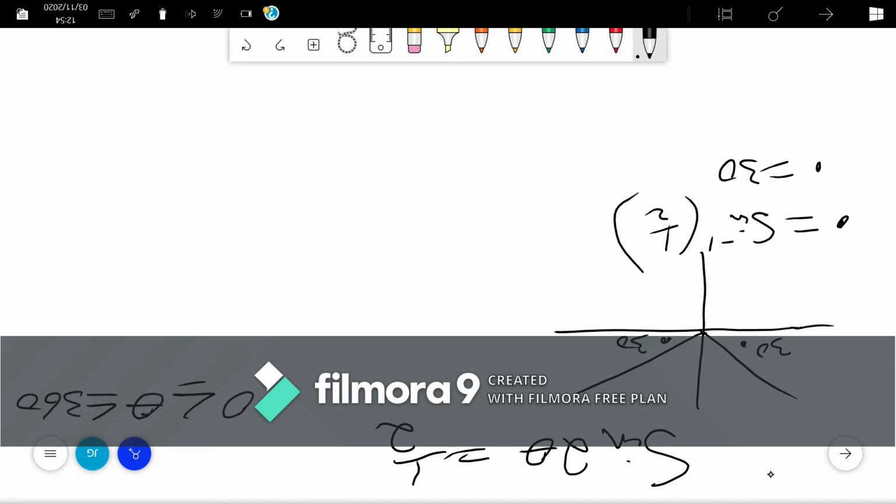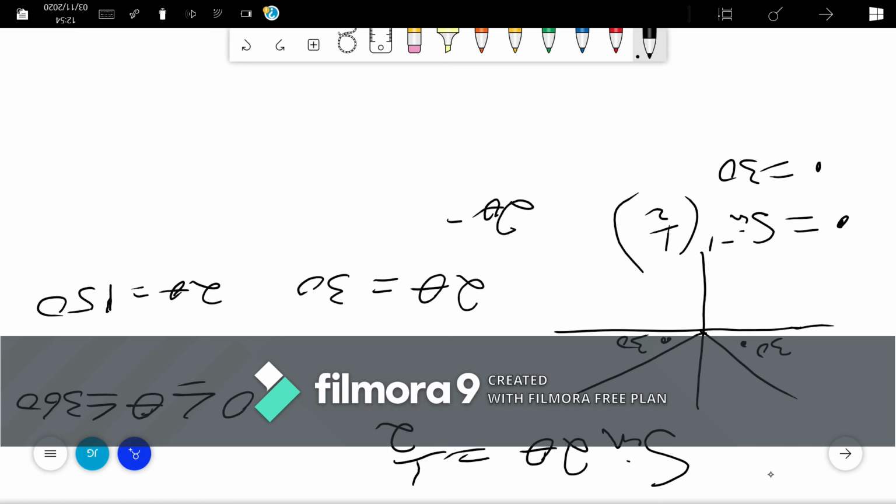When we do this, we do the general answer. So here I go with this, n times 360, and I'll explain in a second what I'm actually doing. So then theta is equal to 15 plus n times 180.